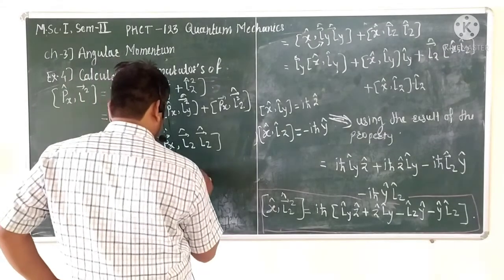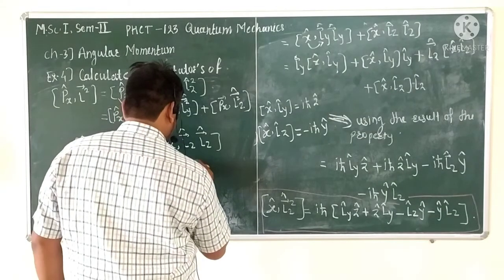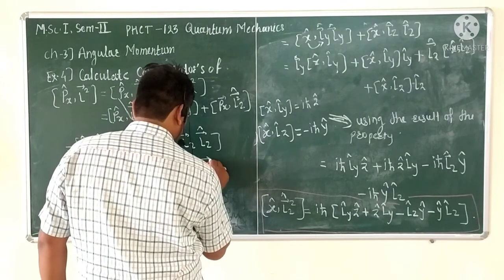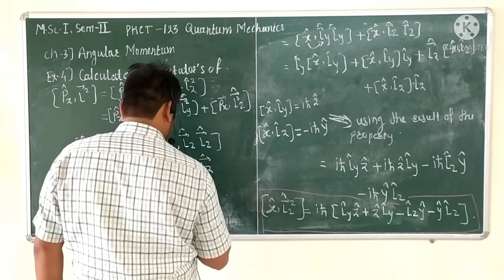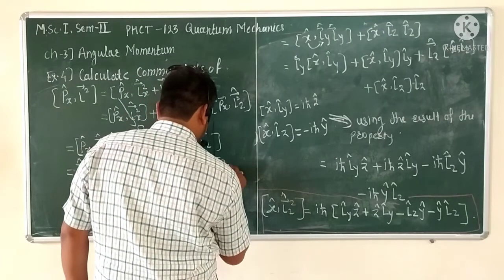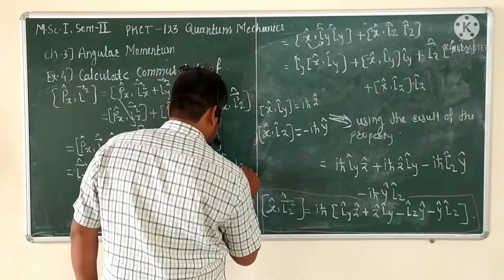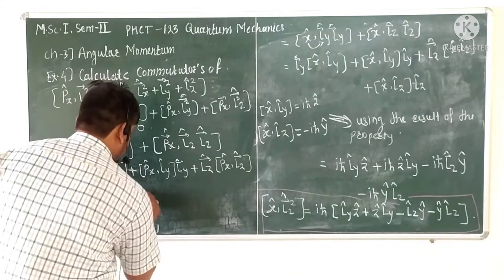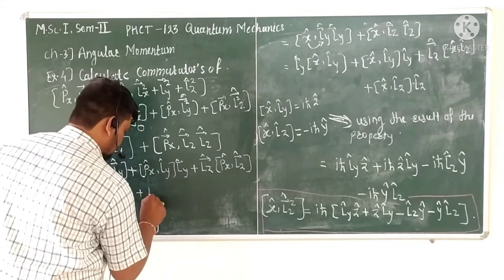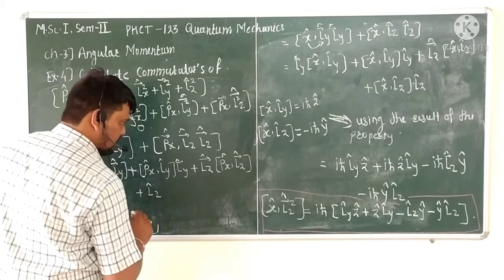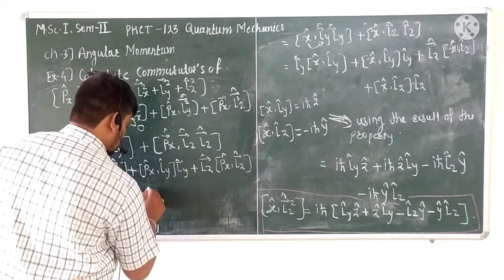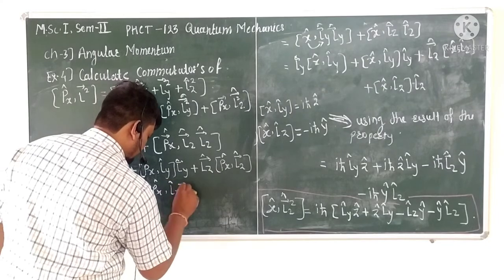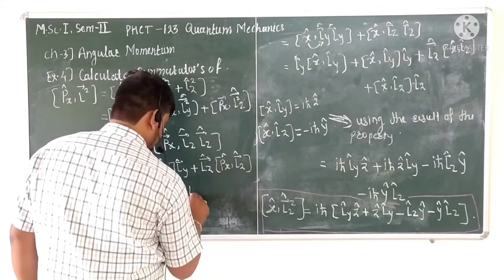Okay, again plus sign is here, so this Lz is taken outside of this [Px, Lz]. Okay, and again plus sign is there, this [Px, Lz] is taken outside of this Lz.